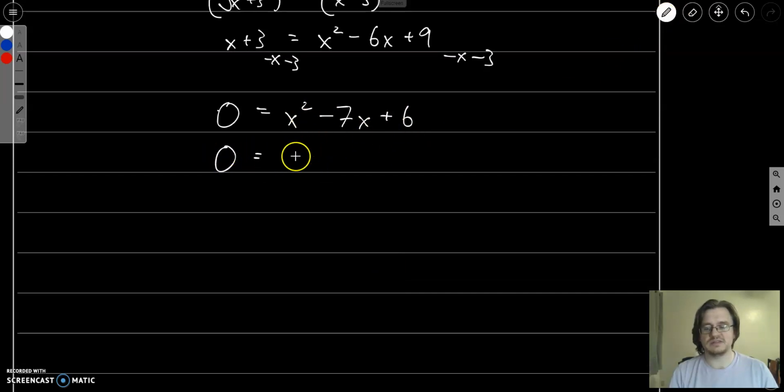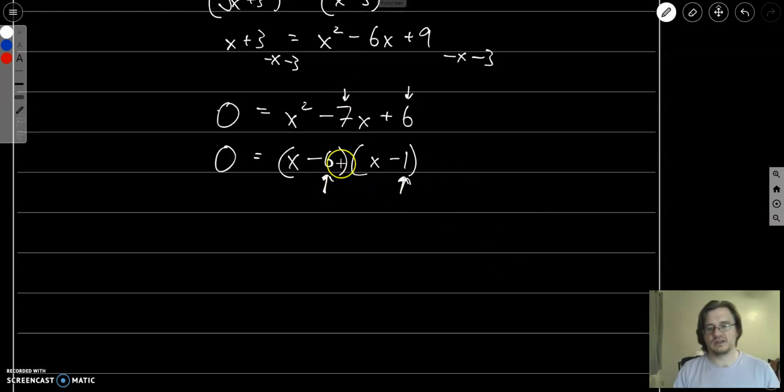So this becomes 0 is equal to x minus 6 times x minus 1. How did I know this? Well, when I take the product of negative 6 and negative 1, I get 6. And if I add negative 6 and negative 1, I get negative 7. This is the trick.